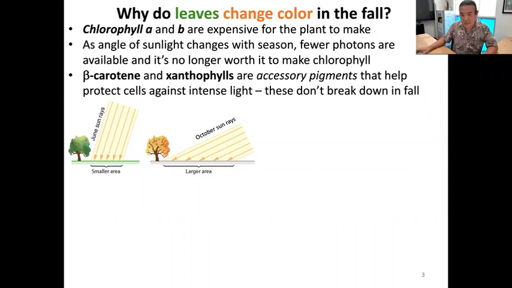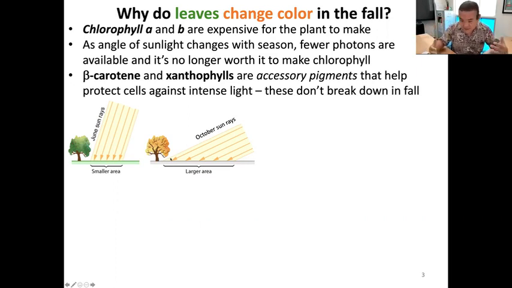But in the fall, as the Earth's axis is tilting it away from the sun as it's going around, the angle of the sunlight changes. So in order to have the same number of photons being captured, you'd actually have to have a much larger area or surface to receive it.